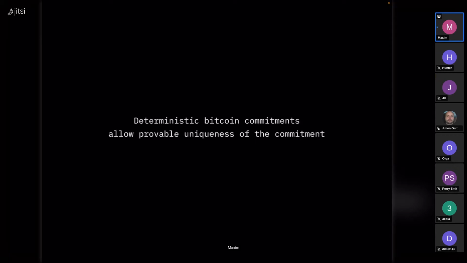While with single-use-seal based protocols like RGB and others, we must be able to prove that no alternative commitment exists, because otherwise we will have a possibility to double spend. So that's why we are talking specifically about deterministic Bitcoin commitments, and that's what the word deterministic means here.